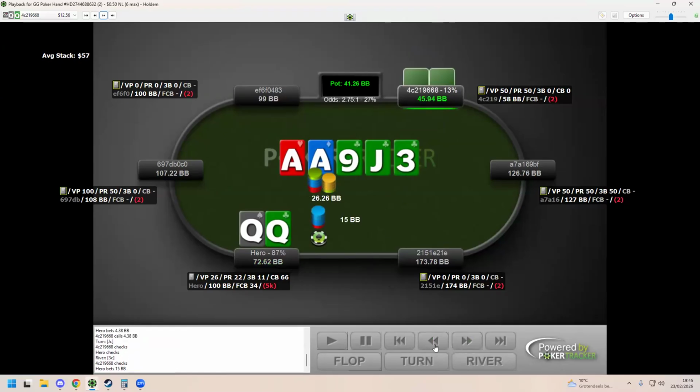Yeah, we're either just checking and don't bet the river. You could bet, but you need to bet really small. Would it violate the Affleck rule? I mean, it's pretty thin, but it's not terrible. Yeah, well, it is slightly above half pot.